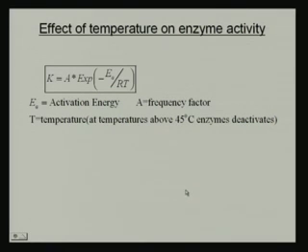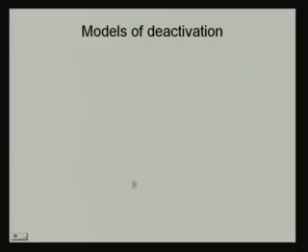Fine. Now, the next thing we look at is the effect of deactivation. At temperatures higher than 45, we said that the enzyme deactivates. Now, what is the mechanism of deactivation? What do you think could be the mechanisms of deactivation?